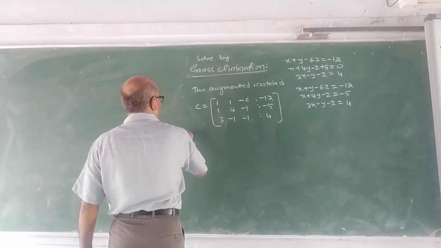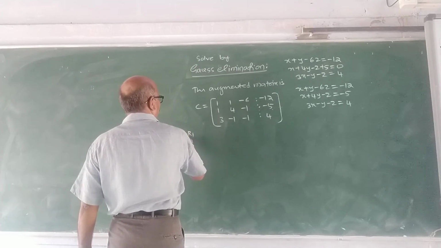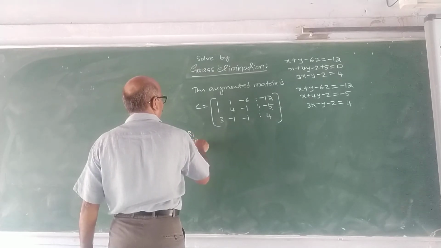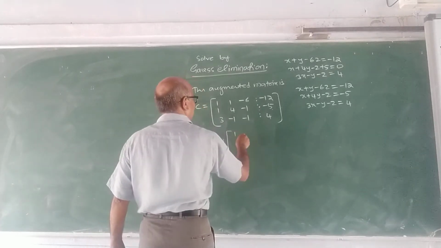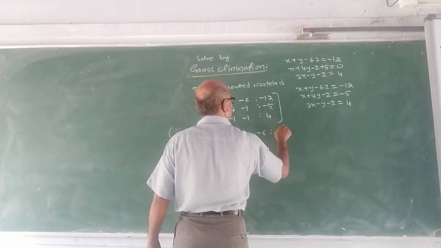How to reduce to triangular form? R2 minus R1, R3 minus 3R1 gives: first row as it is, 1 1 minus 6 minus 12.